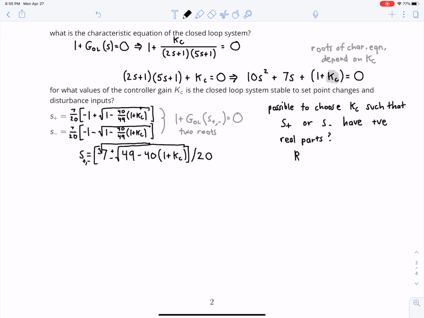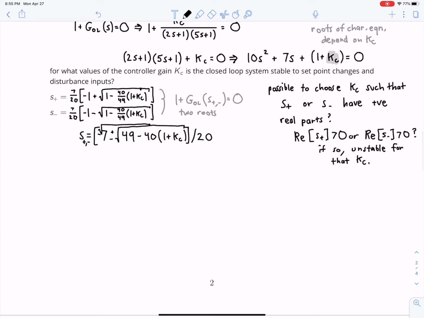The mathematician would write: the real part of s plus greater than 0, or the real part of s minus greater than 0. If so, it's unstable for that Kc, for that controller gain.